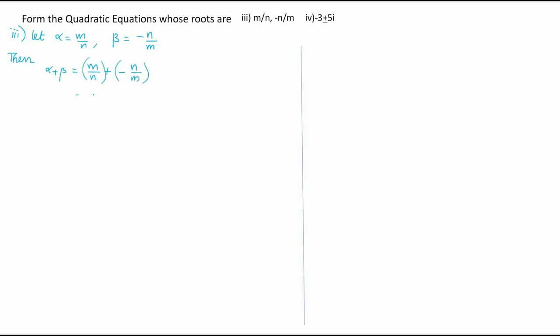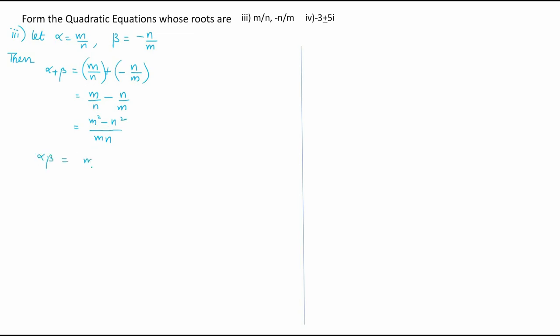So sum of the roots, this will become m by n, plus into minus will become minus n by m. Denominators are different, so we need to multiply. n into m is mn. Cross multiply in the numerator, m into m is m square, minus n into n is n square. So this is the sum of the roots value.